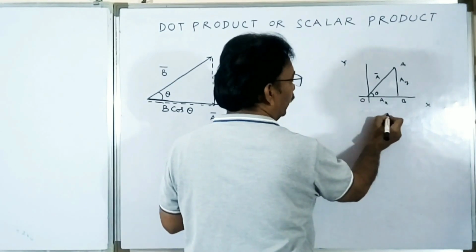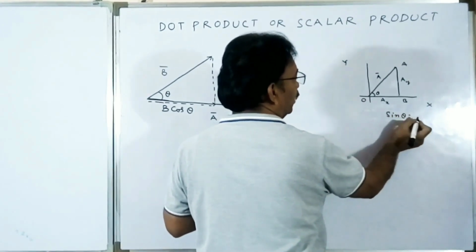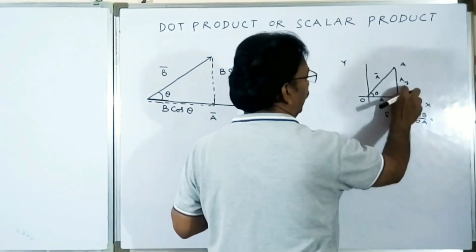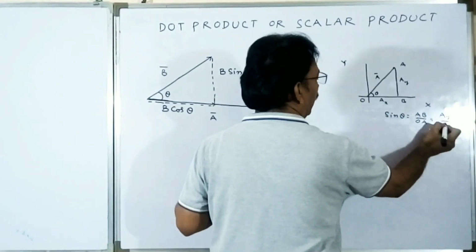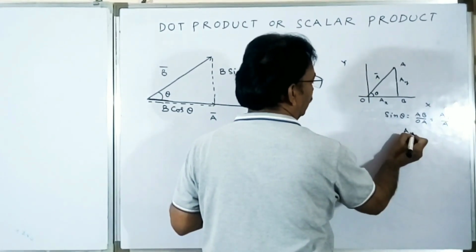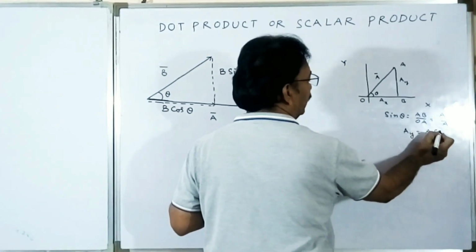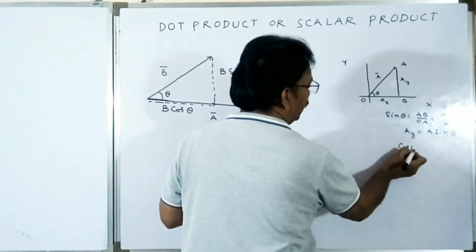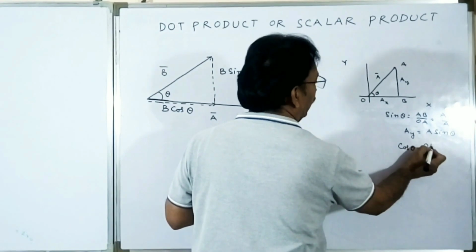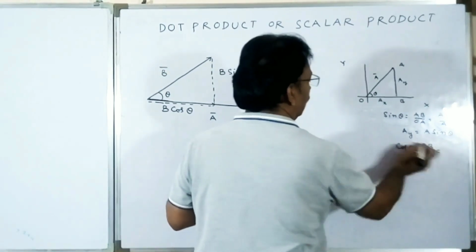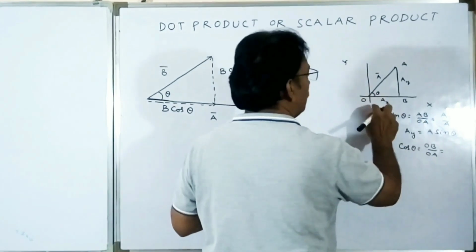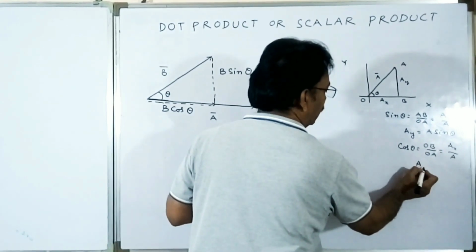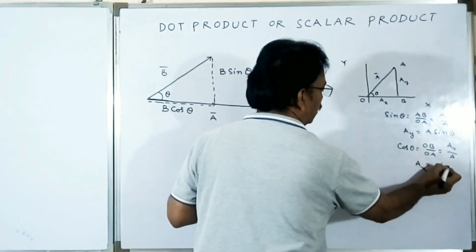From this triangle, sine theta is equal to AB by OA, and AB we took as AY by A, that is AY is equal to A sine theta. Similarly, cos theta is equal to OB by OA, and OB is AX upon A, that is AX is equal to A cos theta.